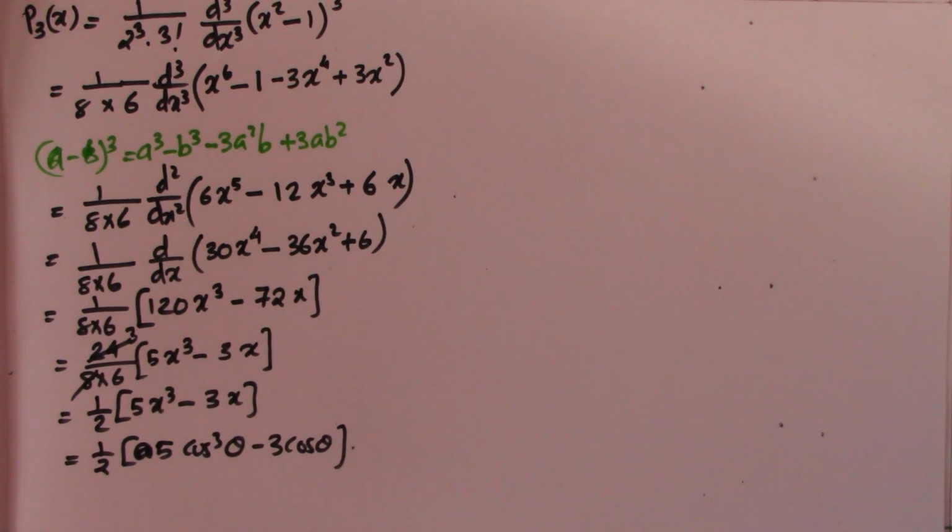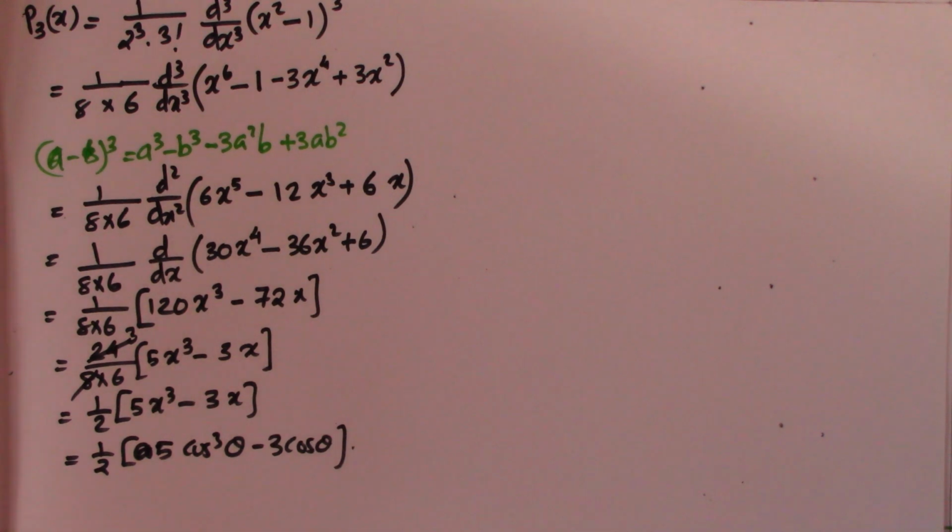Now we have the values of different Legendre polynomials. So now let's move on. What if the value of m is not equal to 0?